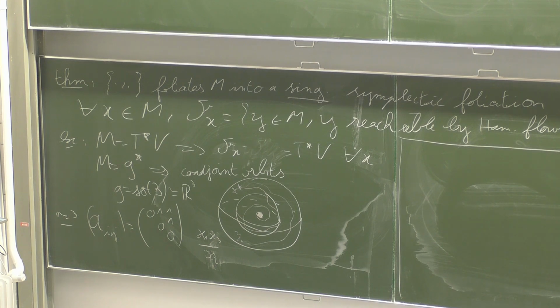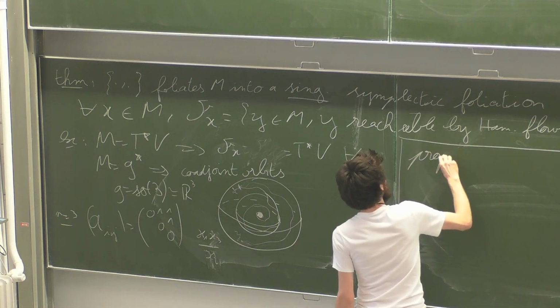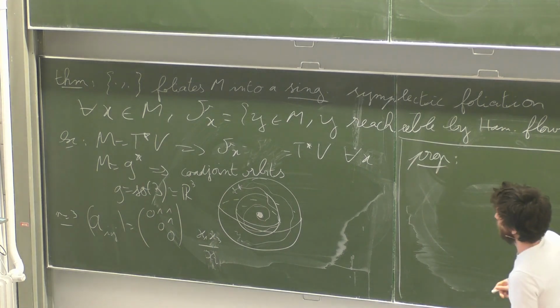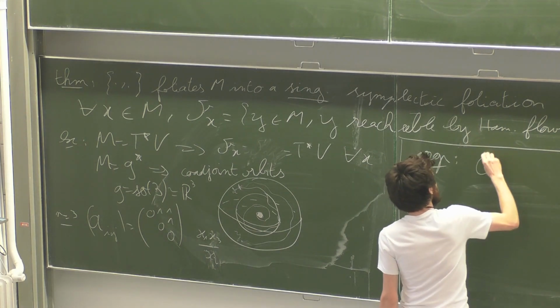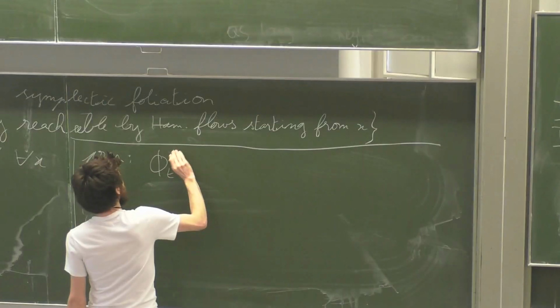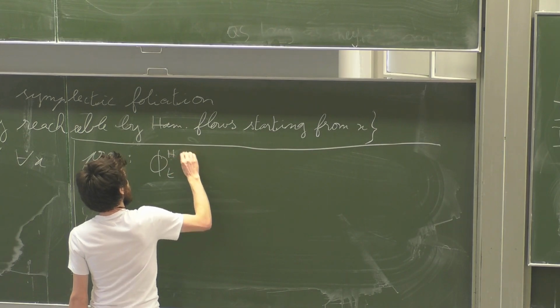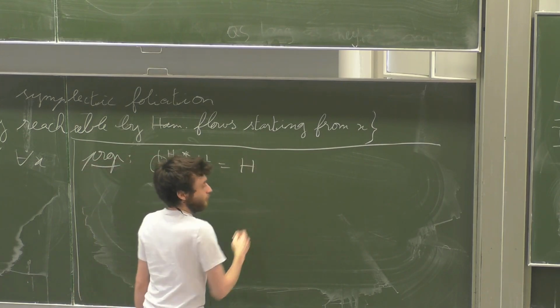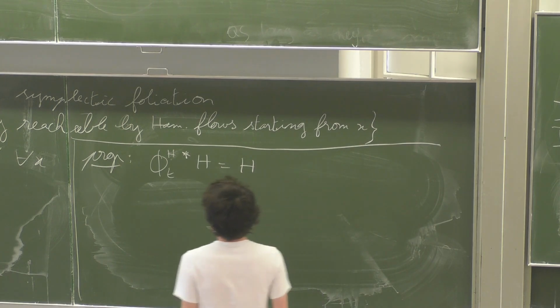Right, so let me sum up three properties of Hamiltonian dynamics. The Hamiltonian is preserved.